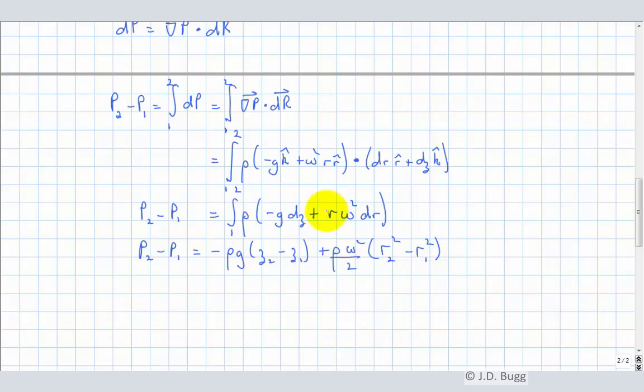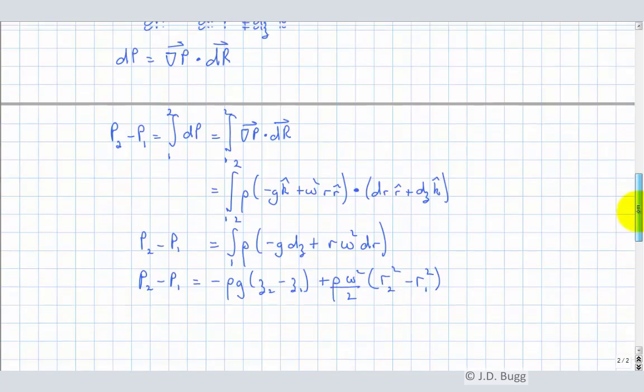So notice there's an r in here. So when we integrate it, it becomes r squared over 2, substituting in the limits. So this is omega squared over 2, r2 squared minus r1 squared. So that's the pressure difference between any 2 points in this fluid. So notice there's part of this that depends on changes in z coordinates, and part of it that depends on changes in the radial coordinate. And the two of those effects together give the total change in the pressure.